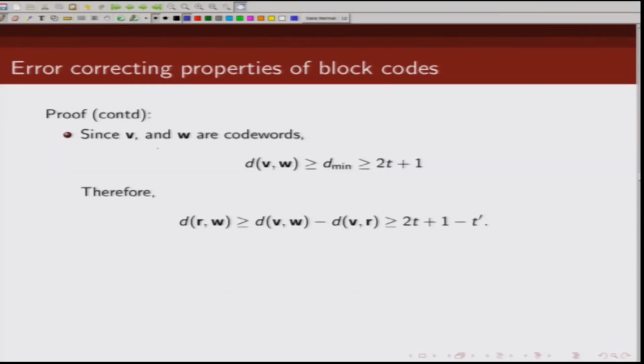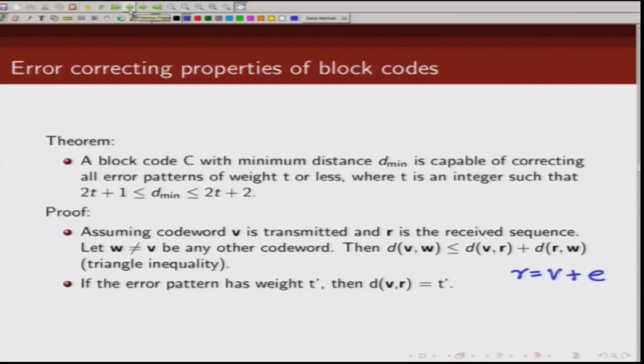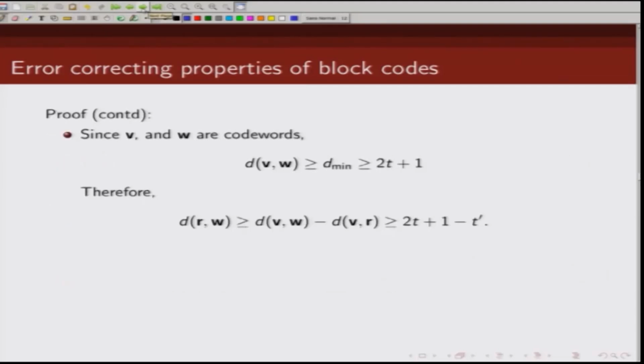Now, since V and W are valid code words, the Hamming distance between V and W will be at least equal to the minimum distance of the code. So, the Hamming distance between V and W is greater than or equal to the minimum distance of the code, and in the beginning we defined that our minimum distance is at least 2t plus 1. So, from these two we can write that Hamming distance between V and W is greater than or equal to 2t plus 1.